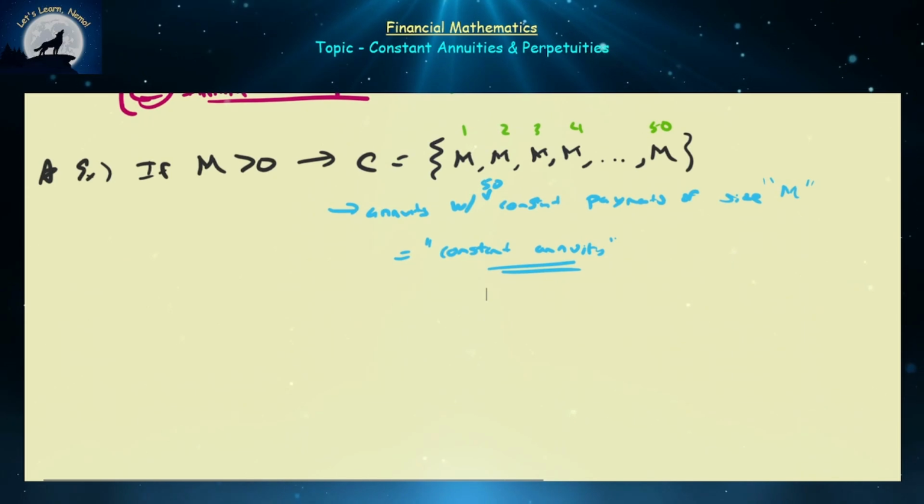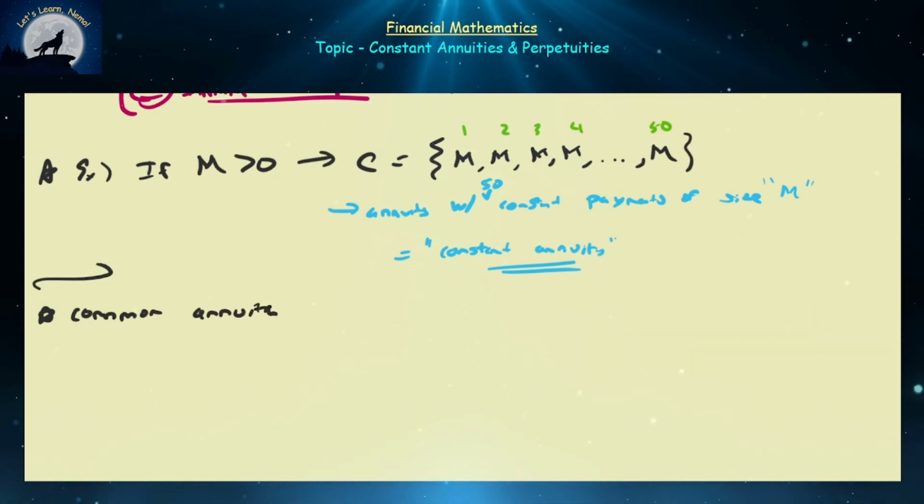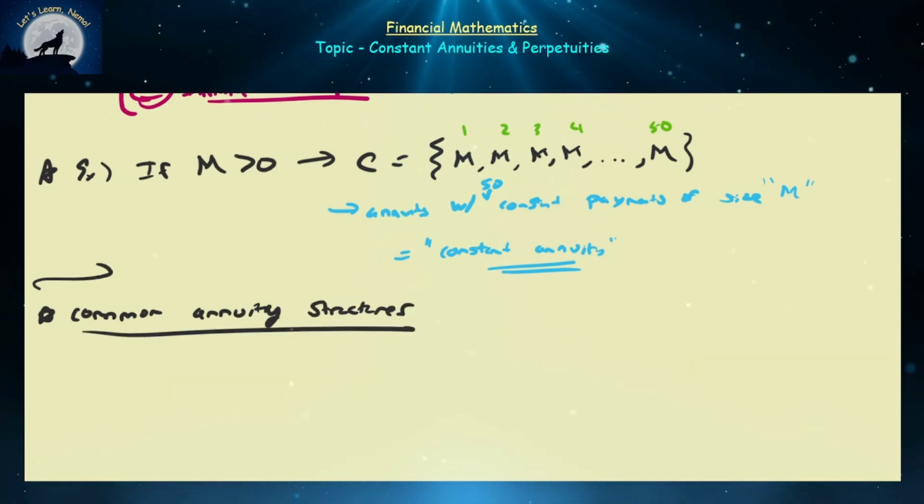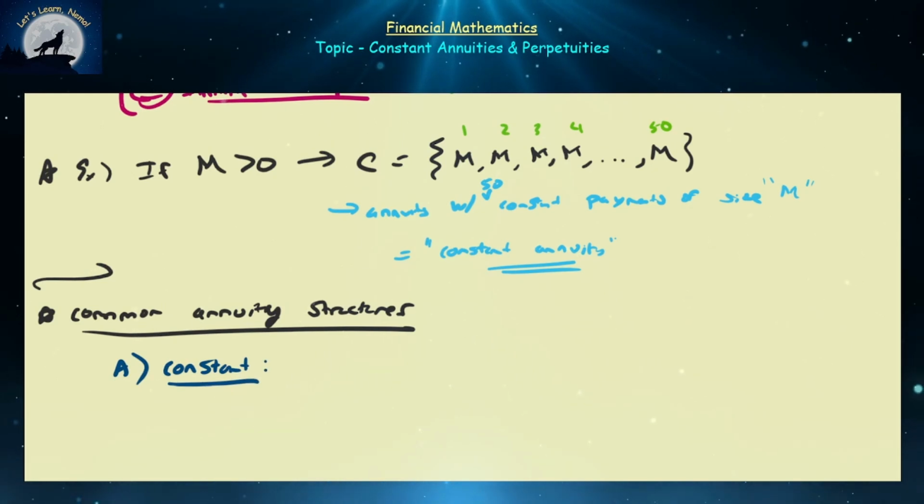Now, constant annuities obviously are not the only type of annuity out there. So let me just mention a couple variations, and we're going to consider these variations in the future as well. Common annuity and also perpetuity structures. The very first type of annuity structure is a constant or level payment annuity.